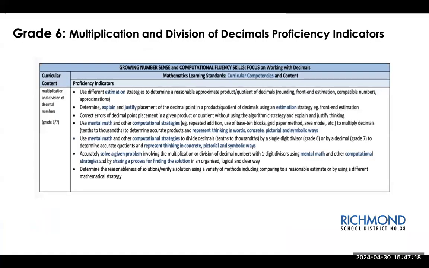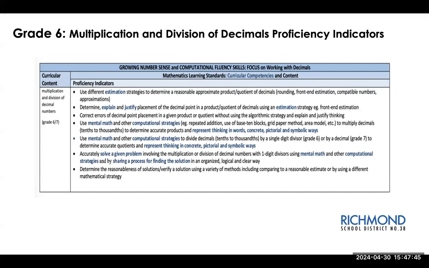For example, when we are looking at grade 6 curriculum and focusing on multiplication and division of decimals, what is highlighted in blue on your screen are the curricular competencies, but everything in black is speaking specifically about what we're expecting students to show at a proficient level with their practice and also with their content knowledge.